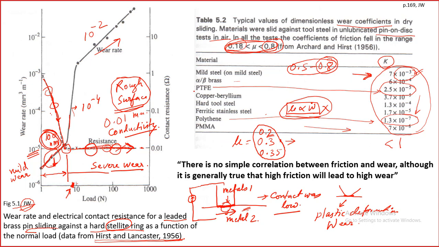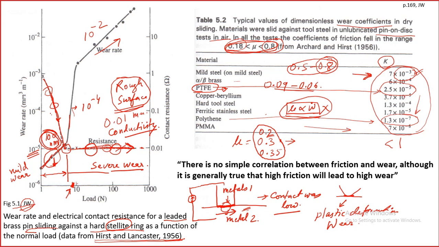For example, one very good exception is PTFE. We all know that PTFE gives a low coefficient of friction, right? What is the coefficient of friction of PTFE against, let's say, steel? What will be the friction coefficient? So this coefficient of friction can be in the range of 0.09 or 0.08, something like that, or 0.06, or even lower than that you can get.